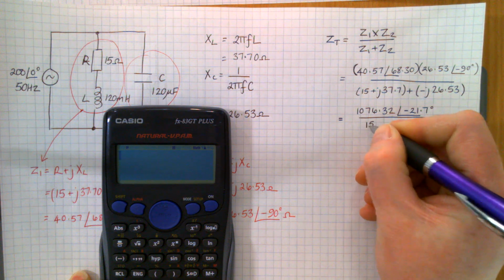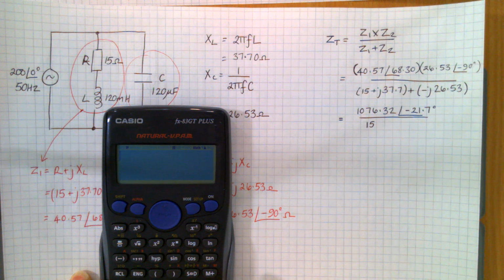And for rectangulars, you just do like with like. So there's only one real one, just the resistance. Then you've got a plus j and a minus j.